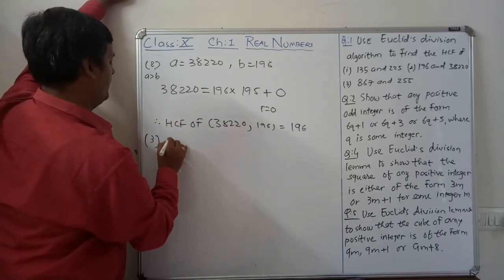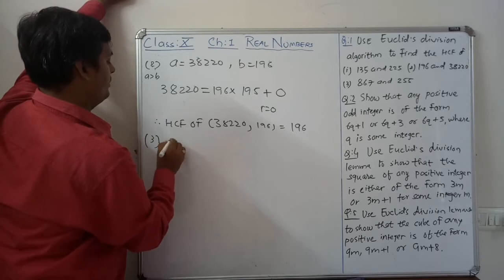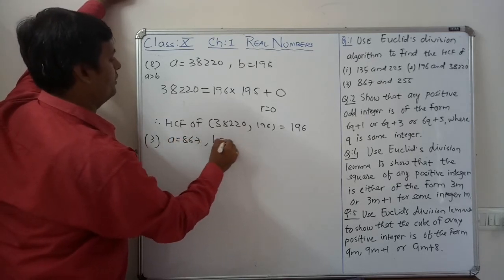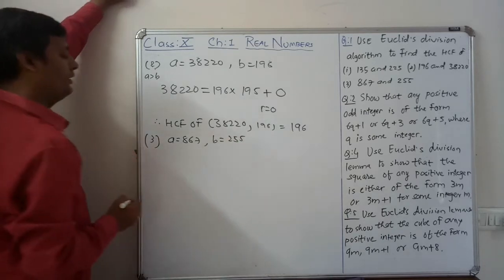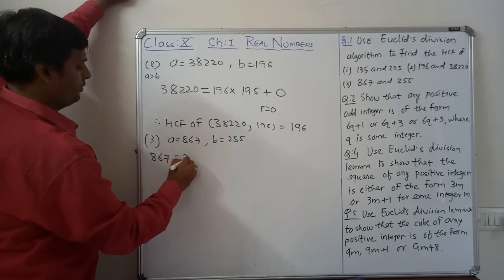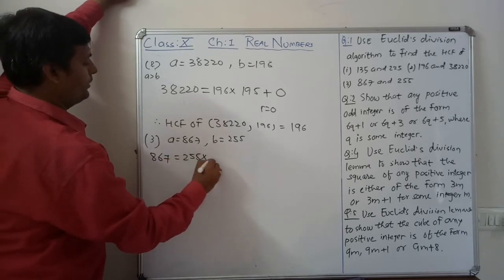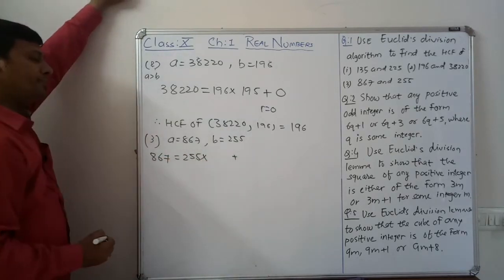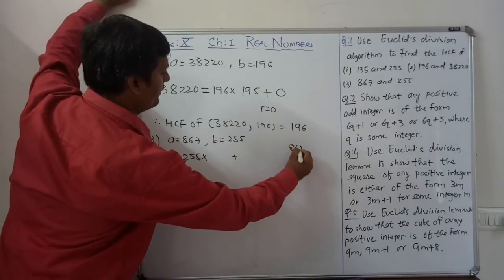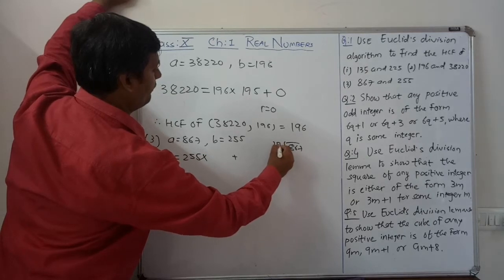Question 3 is 867. So A is equal to 867 and B is equal to 255, right? So now let's start. 867 is equal to 255 into quotient plus remainder. So 867 upon 255.